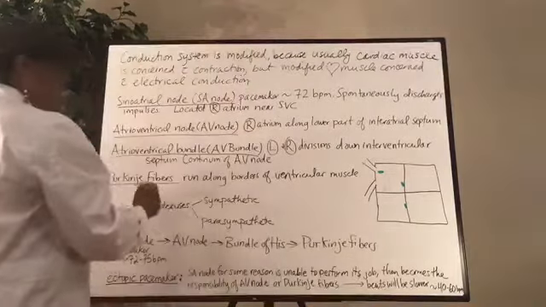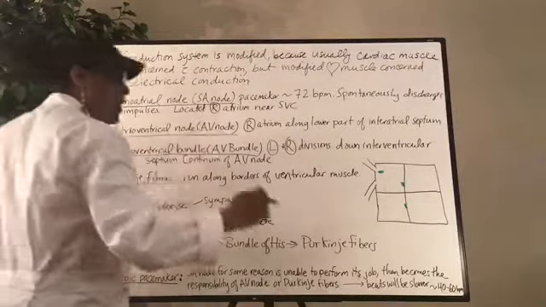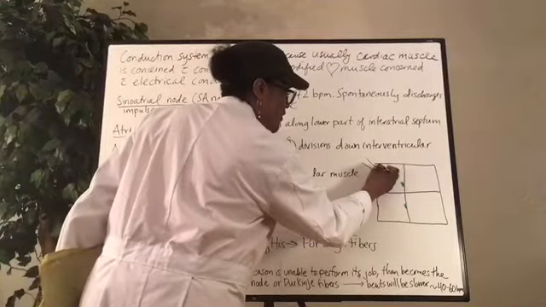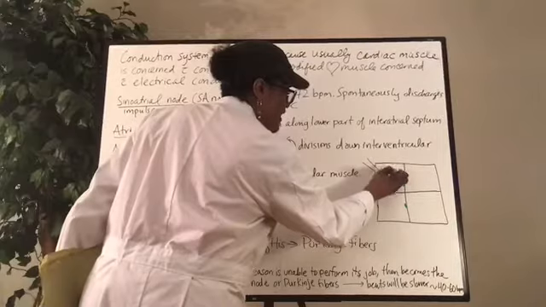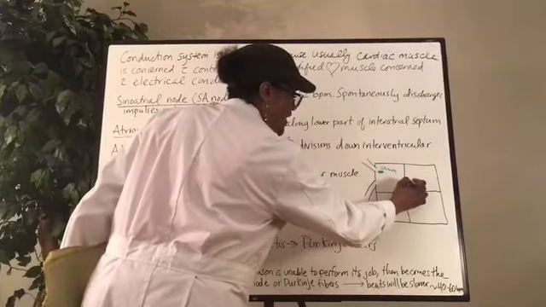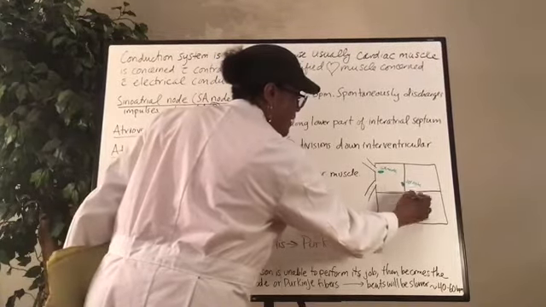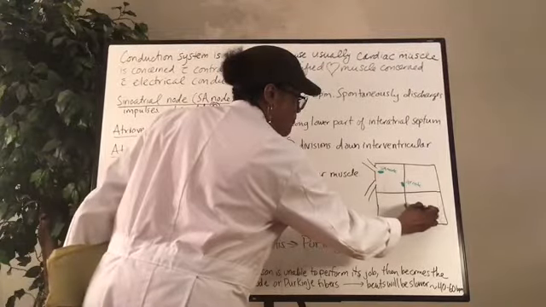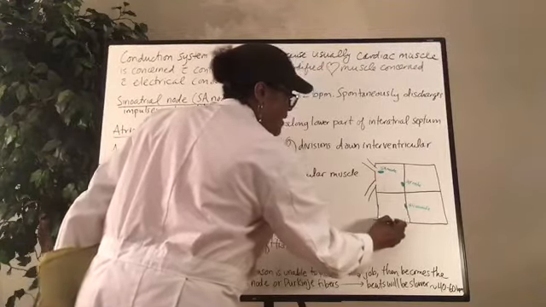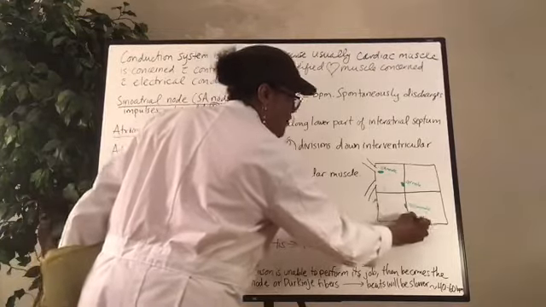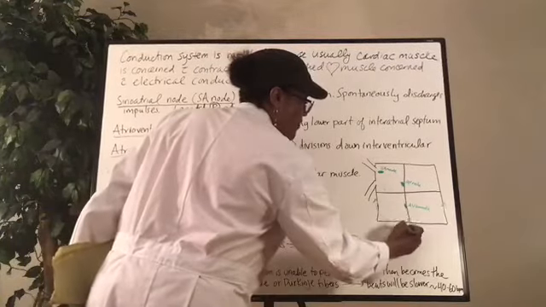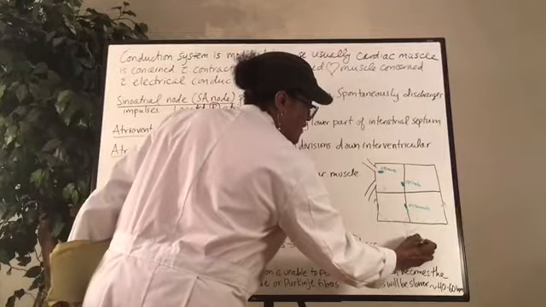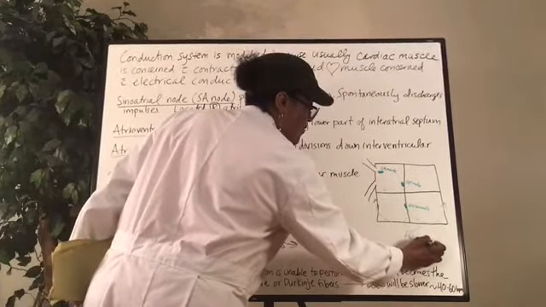And then you have the Purkinje fibers running along the outer edges, or the lateral borders, of the ventricle. So SA node, AV node, AV bundle, and then here and here, I'll just say those are the Purkinje fibers.